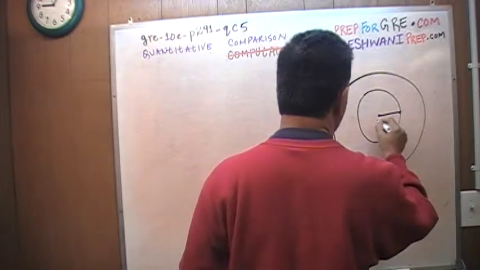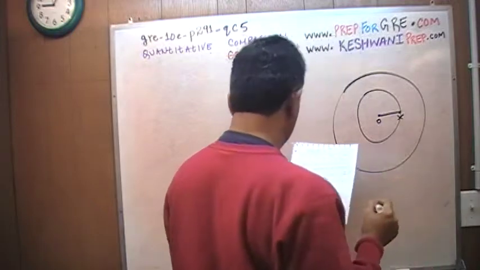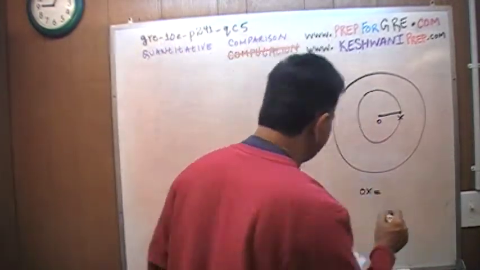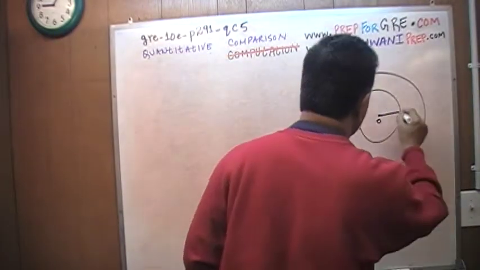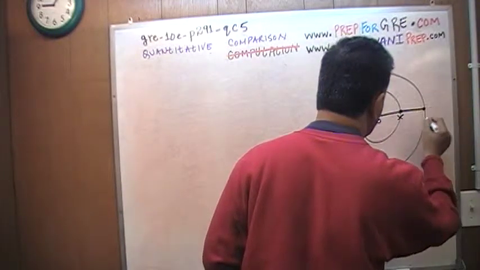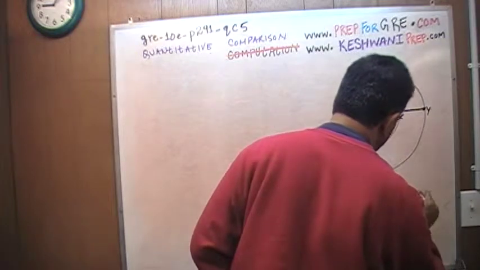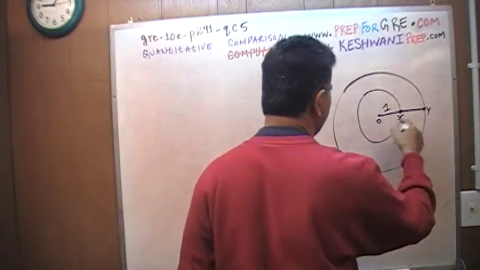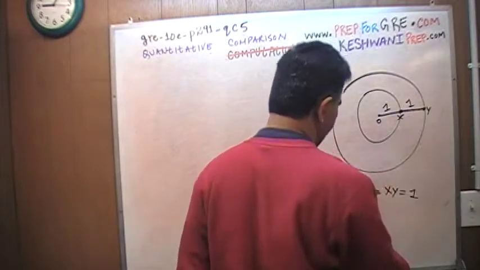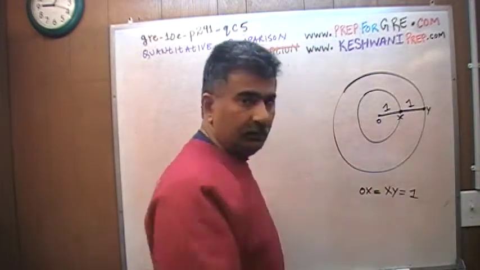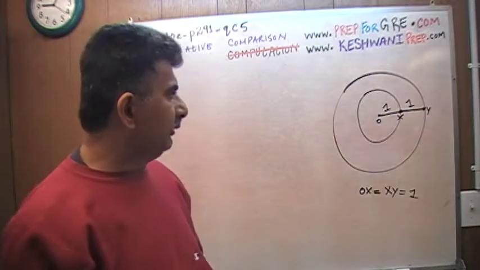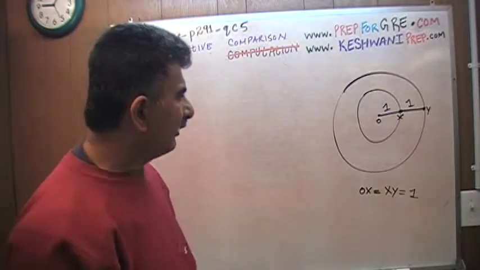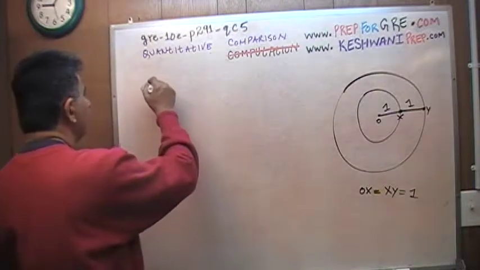They tell you that O to X is the same length as X to Y, and we're told that they equal 1. So O to X equals 1 and X to Y equals 1, and therefore O to X is equal to X to Y, and they are both equal to 1 obviously. So immediately we surmise that the radius of the large circle is 2. So let's make a note of it here.